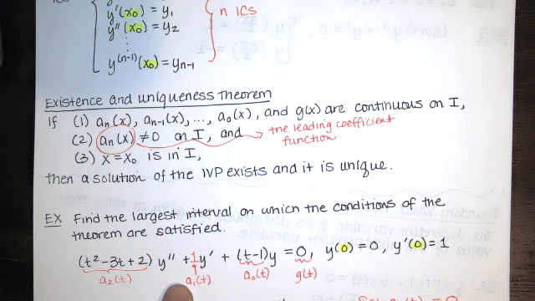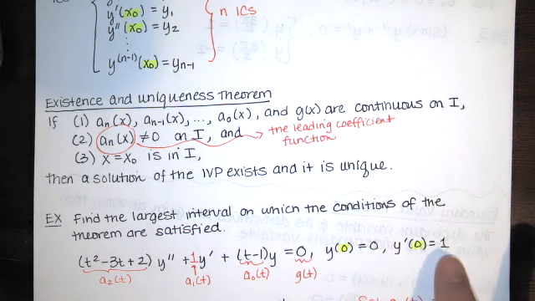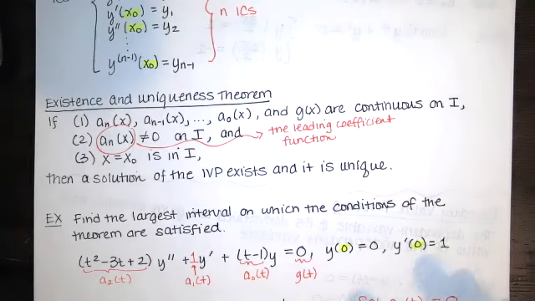This is a sub 1 of t, this is a naught of t, and this function on the right-hand side is g of t. And we're given y of 0 equals 0 and y prime of 0 equals 1. Notice that we're using t as the independent variable instead of x. That's totally fine.